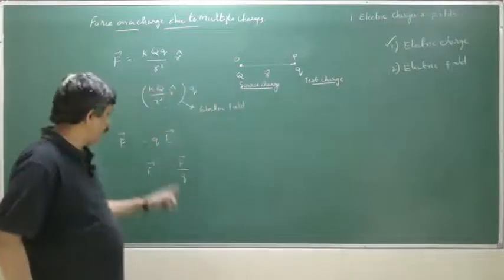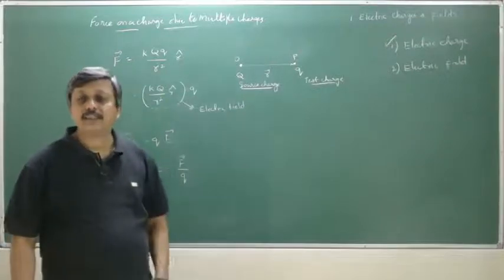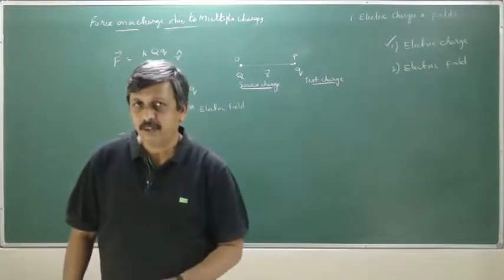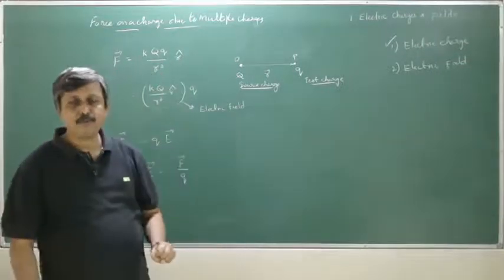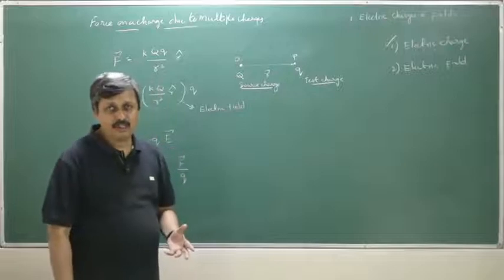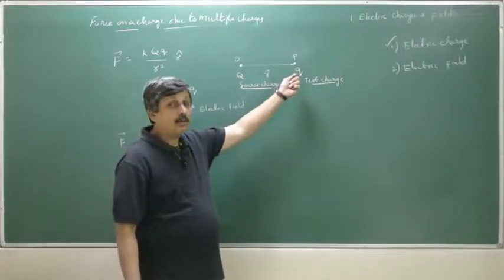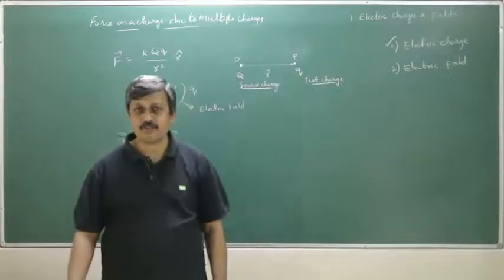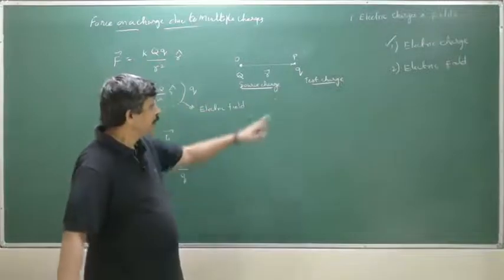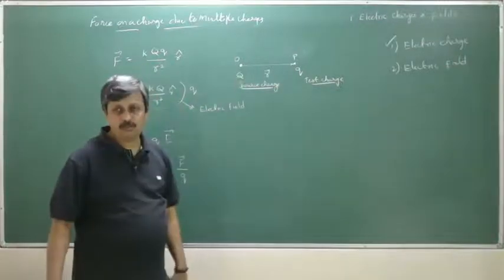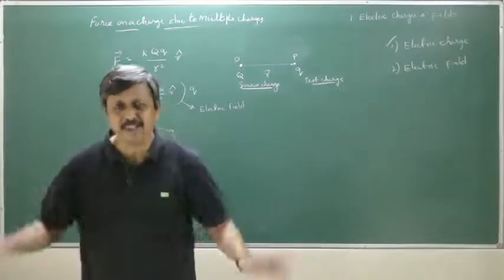Then we take that force divided by the test charge q. That is what we call electric field E. Some tricky situations arise here. Practically, the moment you put this charge q, it experiences a force because of capital Q, but at the same time it can also push capital Q to some other place, and everything changes. It is just a practical difficulty.